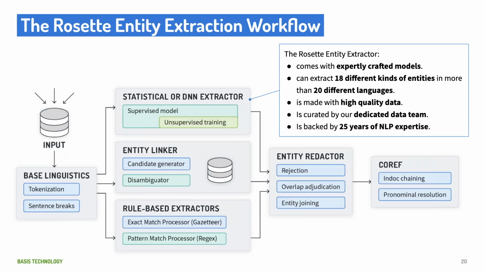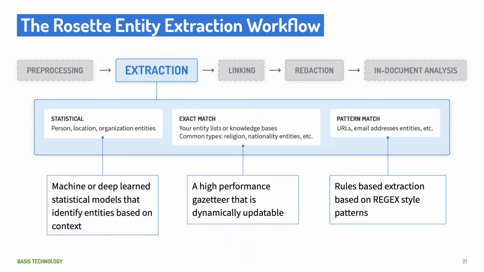There is the beginning step, which is where the base linguistic suite is run to determine where tokenization should occur, where sentences begin and end, and so on. Then there's the actual extraction bit, which I'm going to hone in on in a moment. And then there are essentially 2 cleanup steps before the results of the extraction process are returned to the end user. Now, the most interesting part of this whole process is the actual extraction bit.